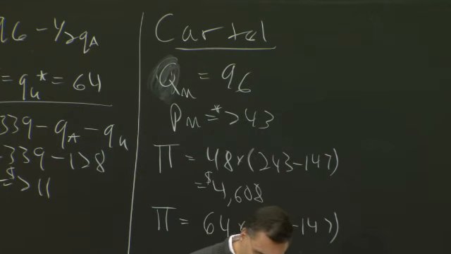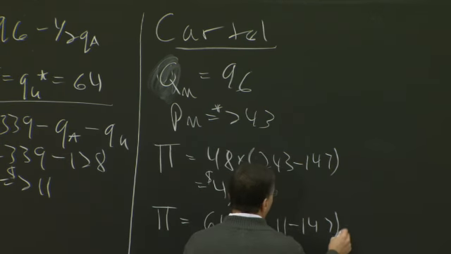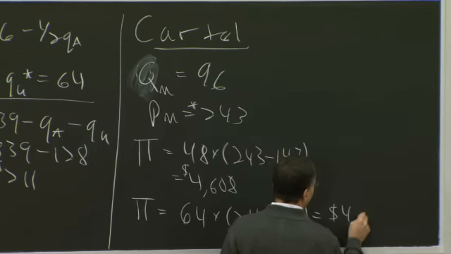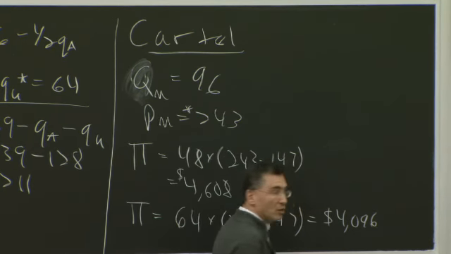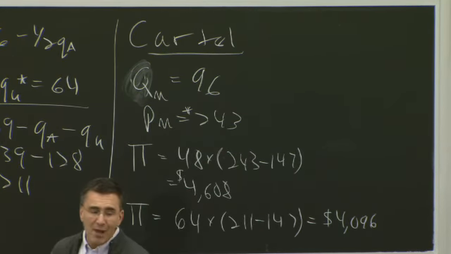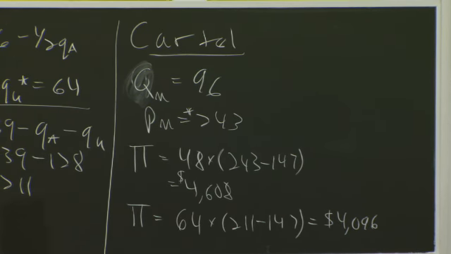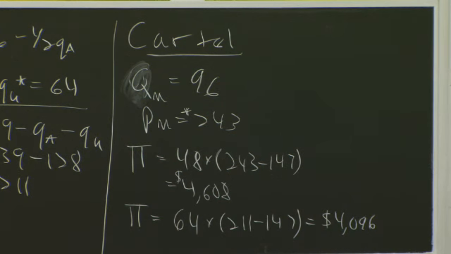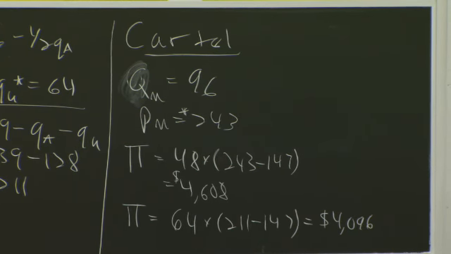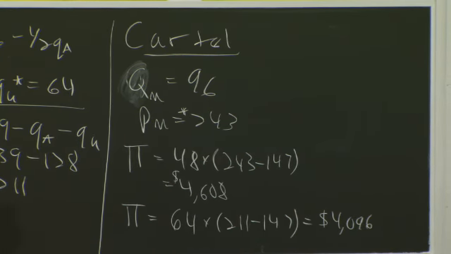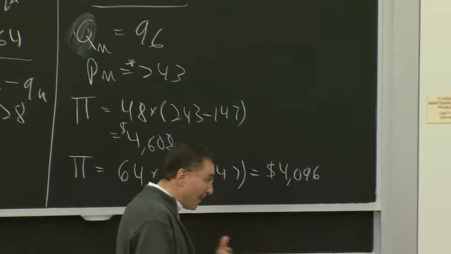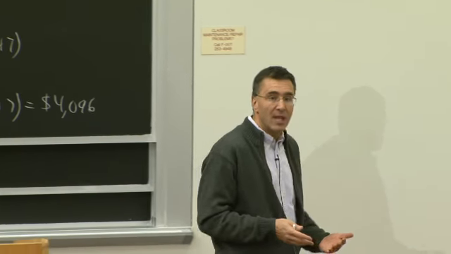So their profits as Cournot competitors were $4,096,000 each. So by monopolizing and splitting the market, they raised their profits by 12.5%, by an eighth, which is a major jump in profits.